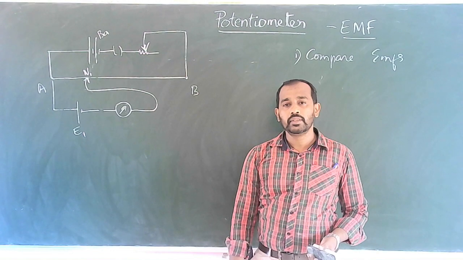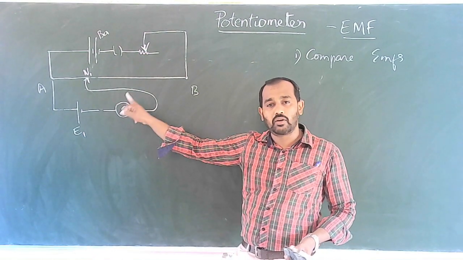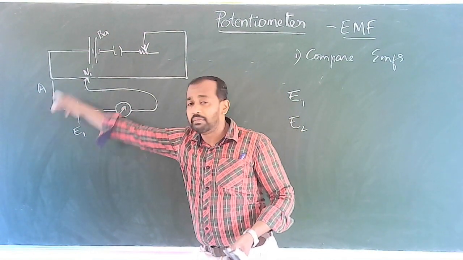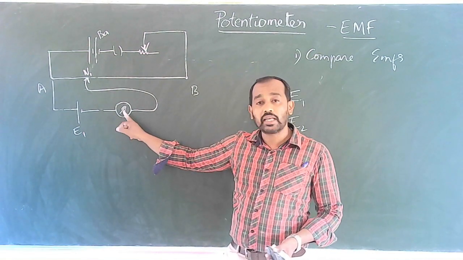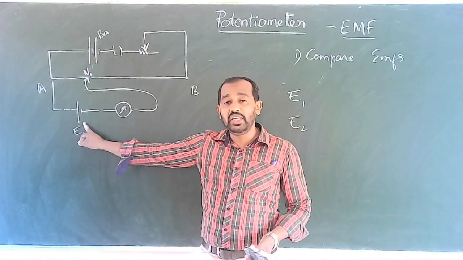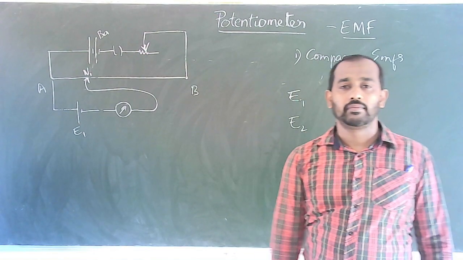Now deflection in the galvanometer equal to 0 means there is no current flowing in this branch of the circuit. That means the potentiometer is not drawing current from the cell of EMF E1.